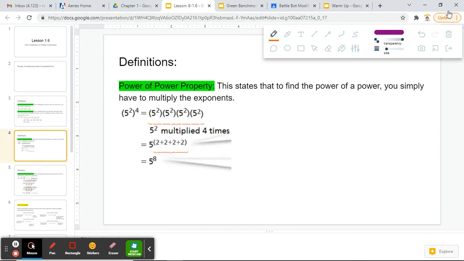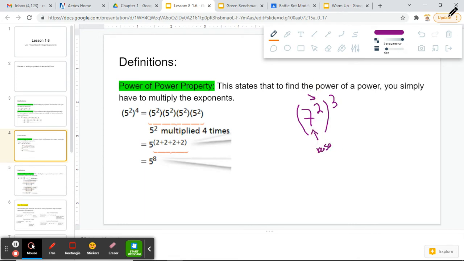Okay, next one here, we have the power of power property. This states that to find the power of a power, you simply have to multiply the exponents. So when we have an exponent written like, let's say, 7 to the second, and then in the parentheses outside of it, we have to the third. So we have a base with a power. This is our base.